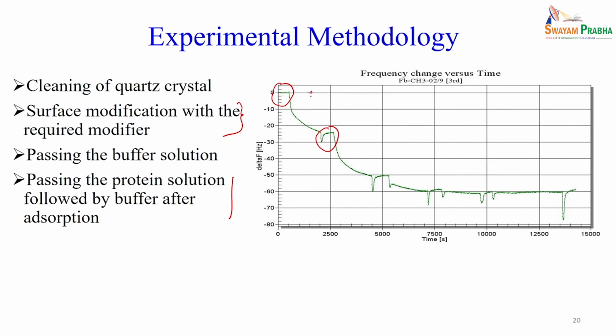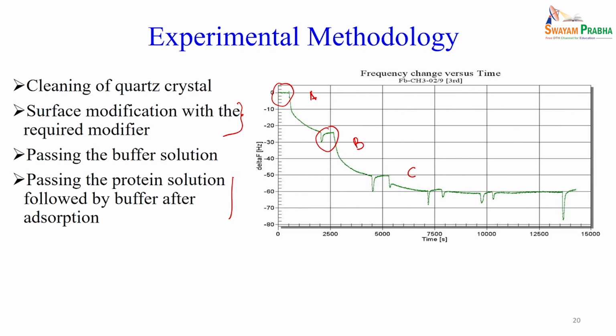Let us say here you pass protein A, here you can pass protein B, you can pass protein C, or you can also pass the same protein but increase the concentration. So, this can also be used for sequential analysis, competitive analysis, or the effect of the concentration of the proteins.